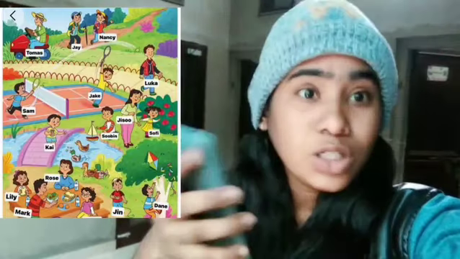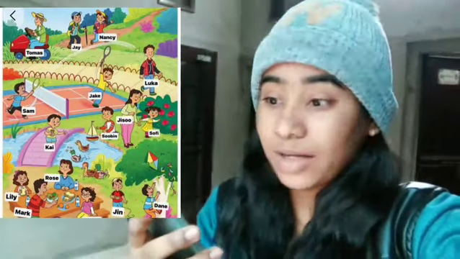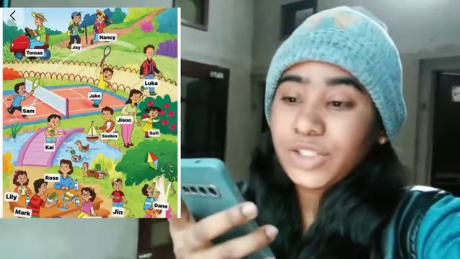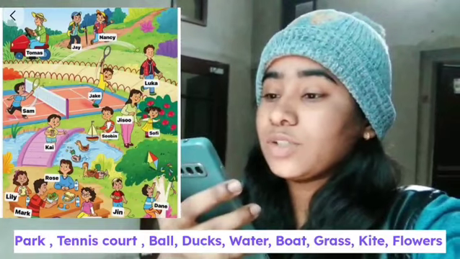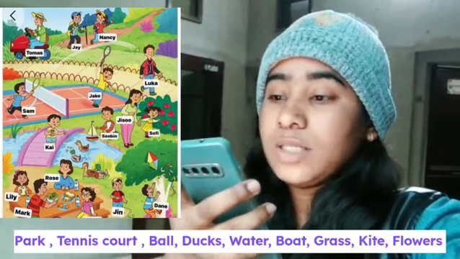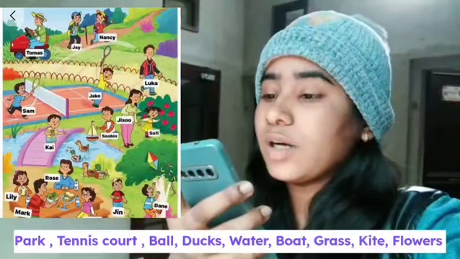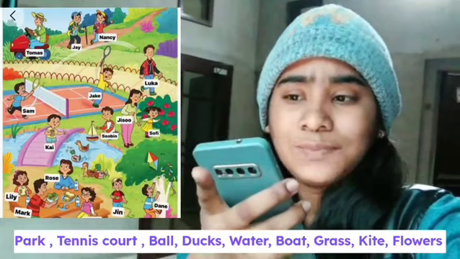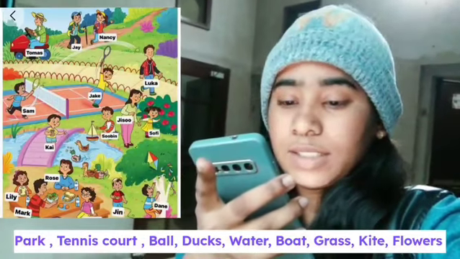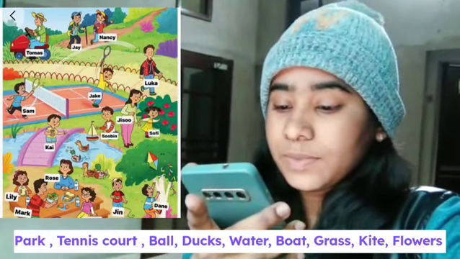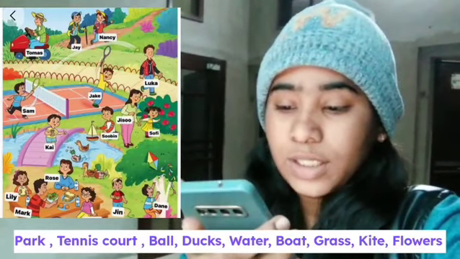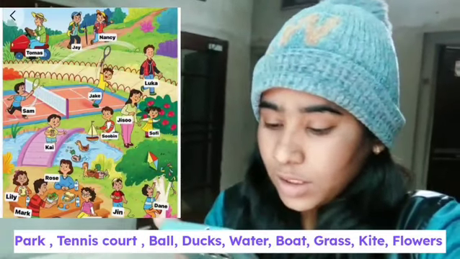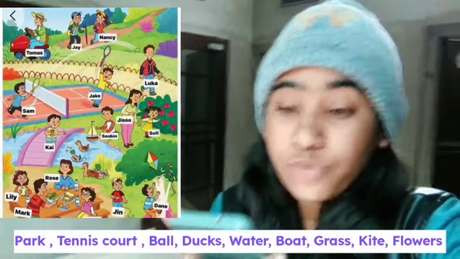So now there is also one big park. Firstly we have one object, park, then tennis court, then there is also one little car for cutting the grass, and then there is also one ball, and then there is also a kite, food, ducks, water, boat, grass, and flowers.